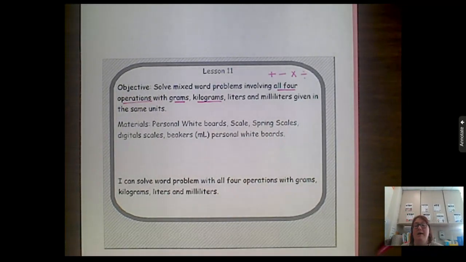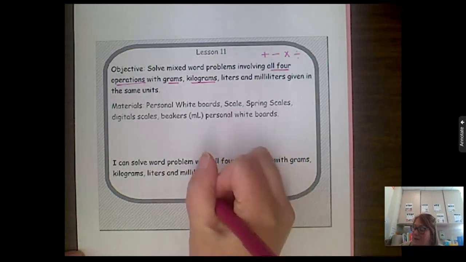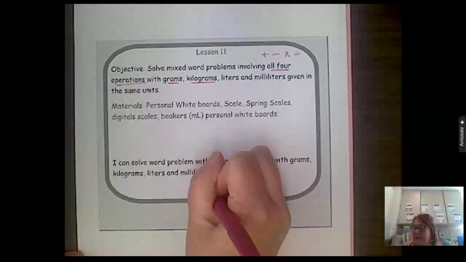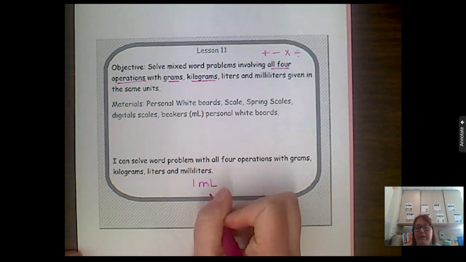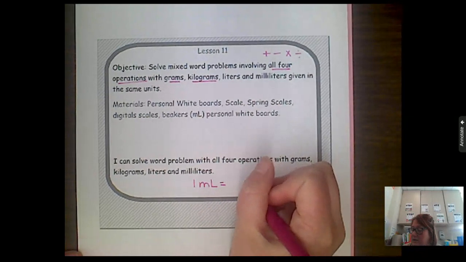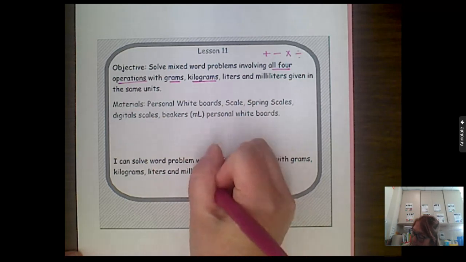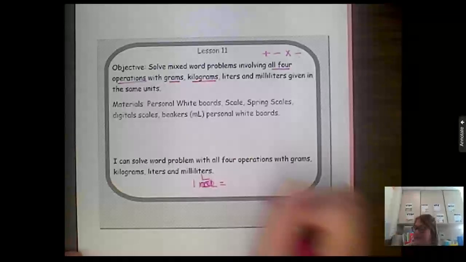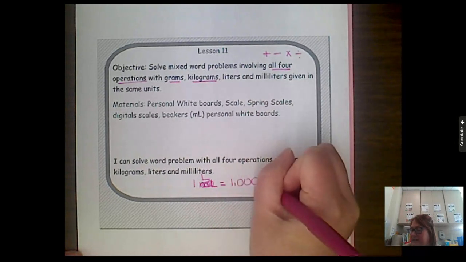Okay. And if we think of milliliters and liters in terms of our grams and kilograms, here's our abbreviation, mL, with a lowercase m and a capital L. 1 liter, a capital L, equals 1,000 milliliters.